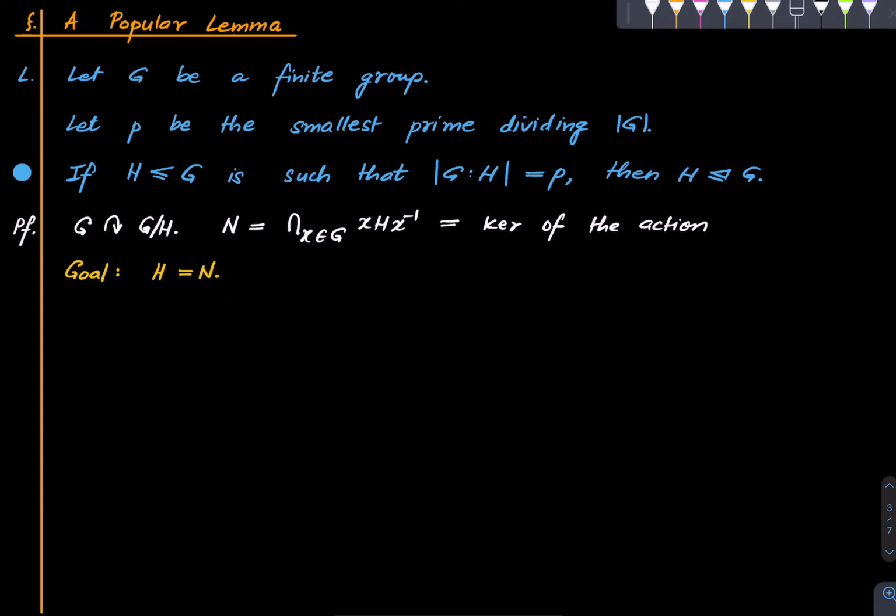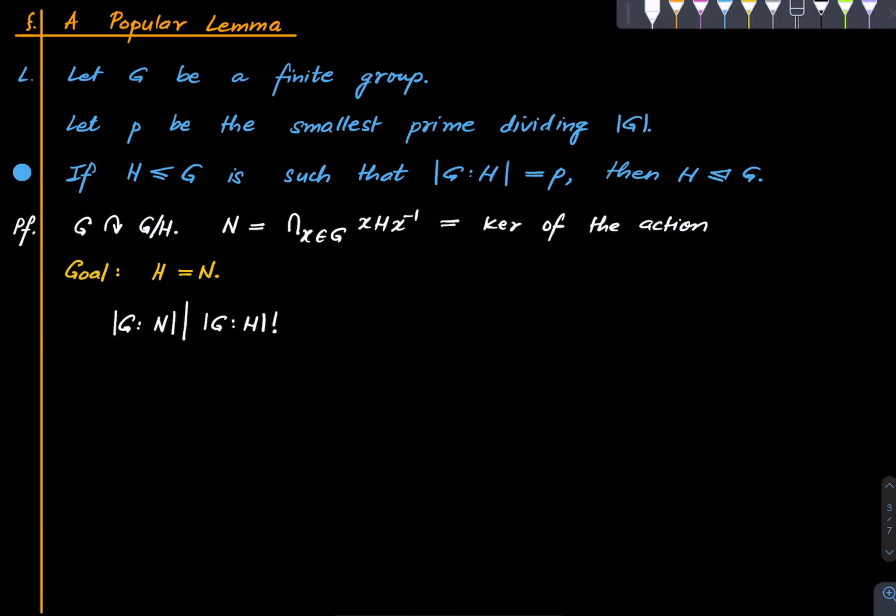We now use the other property, that the index of the kernel of the action divides the factorial of the index of the group whose left cosets we are acting on. We know this by our previous lecture, which we also discussed in the recap.